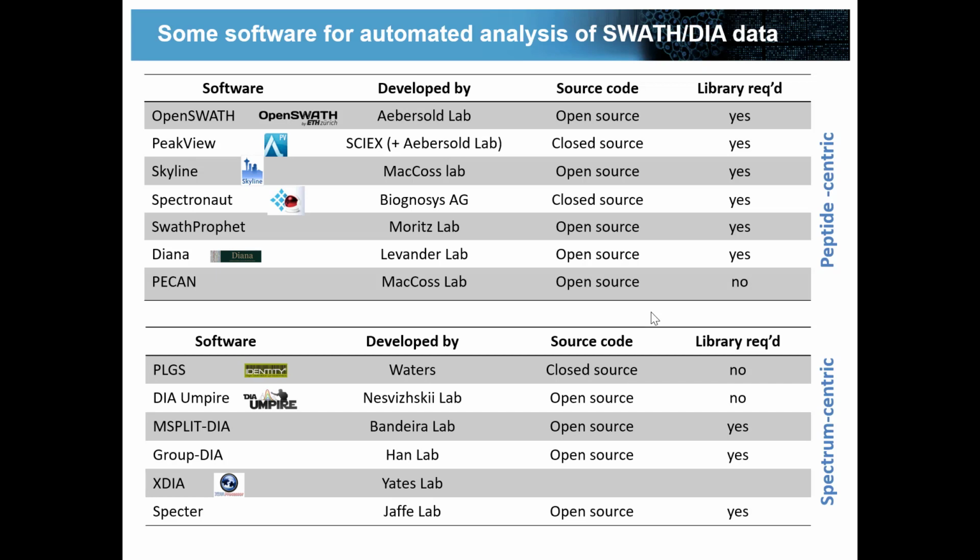Also now Scaffold, some of you may be familiar with Scaffold, they have a DIA option as well, which I expect will also be nice and commercial and easy to use. So there's a range of purposes for these software, depending on whether you're doing algorithm development or you just want something that works. I think Skyline is a good place to start, and you'll see tomorrow how this operates, but there are certainly a lot of options out there.